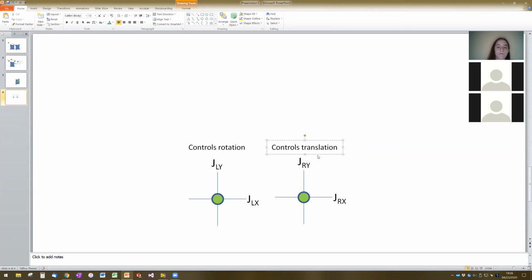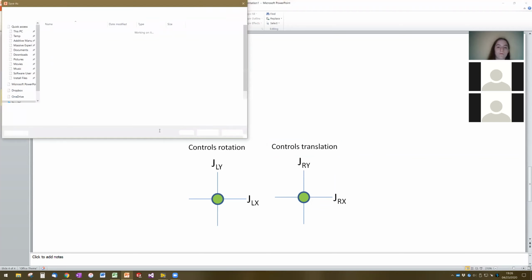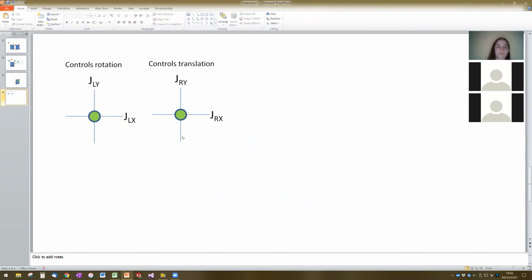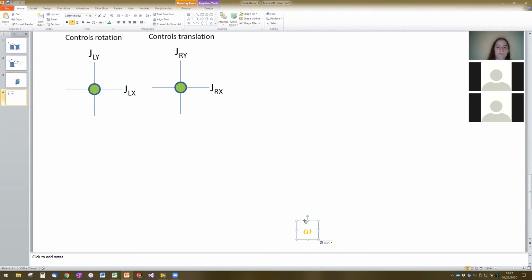The way that we chose to do it, and there are different ways that you could do it, was that for the rotation first, this omega that we care so much about, we just said that omega was directly decided by the left joystick's x direction.